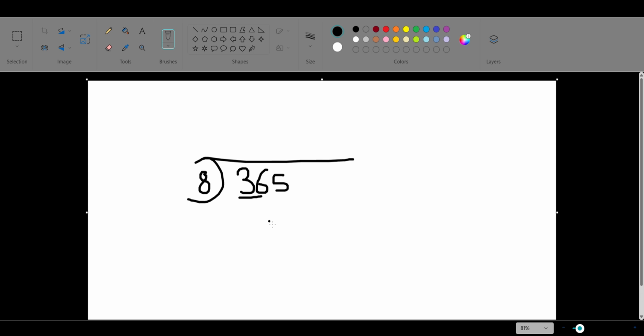So what you do is you just take the number which is below 36. So 8 times 4 is 32. You can't take 8 times 5, which is 40. No, it has to be below this 36. You have to take 4. You can't take 5 and then 40 here.